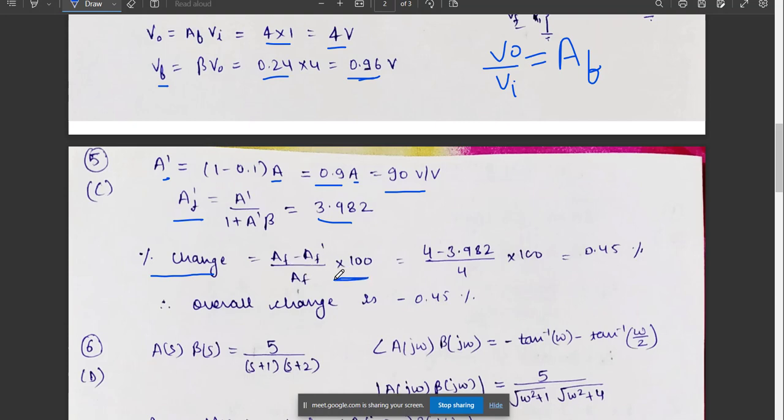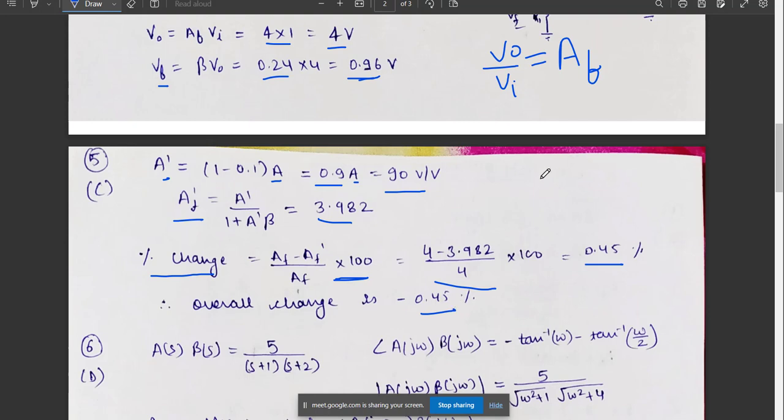That is how we get percentage change in any variable. So here we put all these values, which is 4 minus 3.982 divided by 4 into 100, we got 0.45%. So overall change is minus 0.45%.